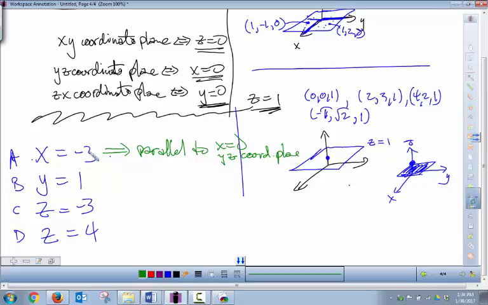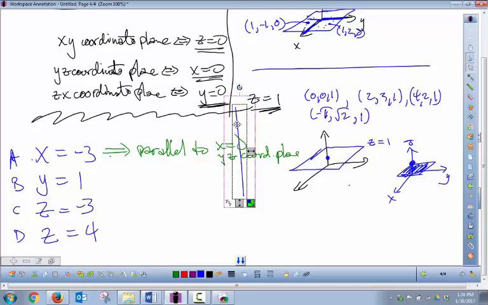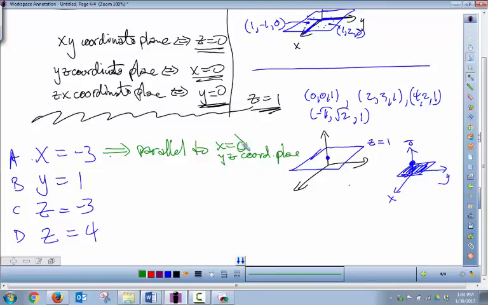And it just gives you a different x value of -3. Instead of x being 0, it gives you an x value of -3.